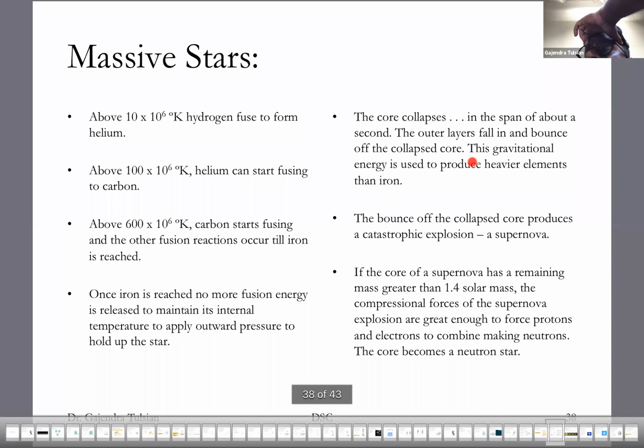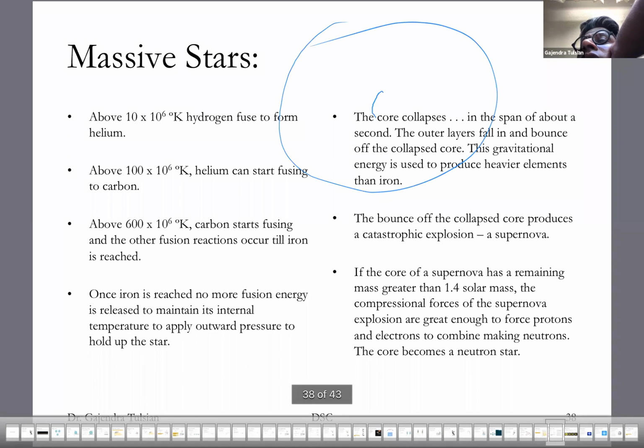So here's the star. The core, which is no longer producing fusion reactions, has collapsed, and now the outer stuff starts collapsing.